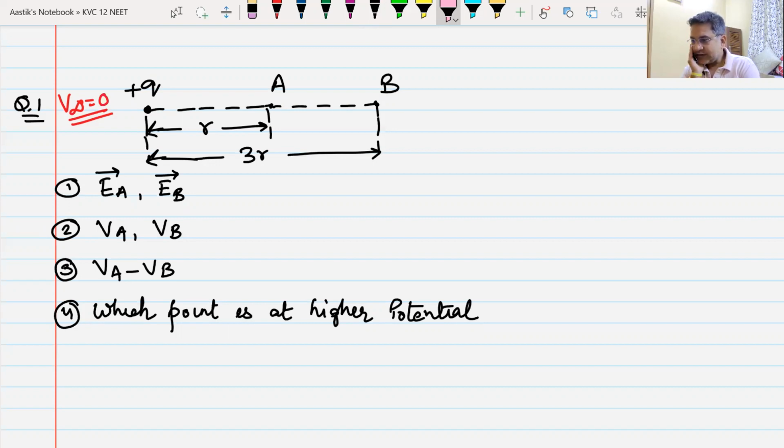What is the direction of electric field at point A? At point A, it will be along this direction. At point B, it will be along this direction. Yes or no?